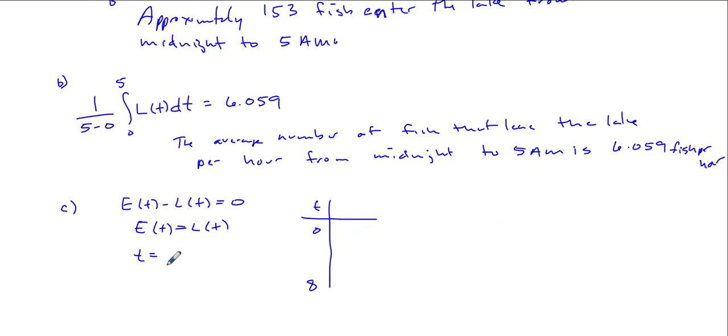About 6 point something. 6.203. Now that's rounded. You better be storing that answer in your calculator right now as A, because we're probably going to have to use that in our calculations.